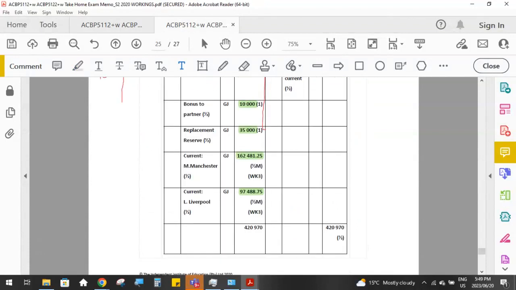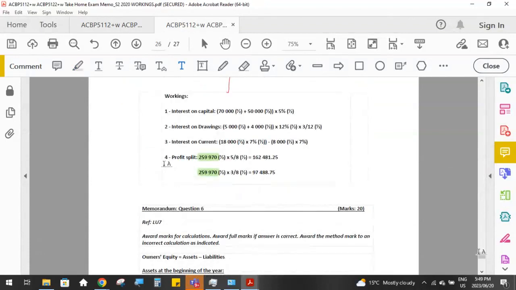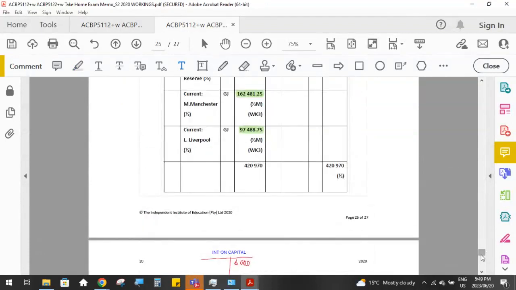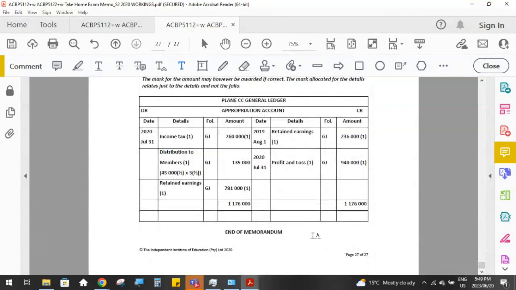So now we're going to go to the appropriations account. Okay, and remember the appropriations account, again, it's our T account in the general ledger, date details folio amount debits on the left, date details folio amount credits on the right.